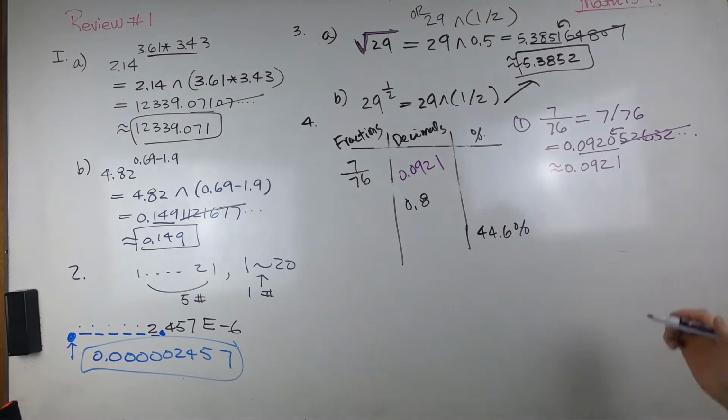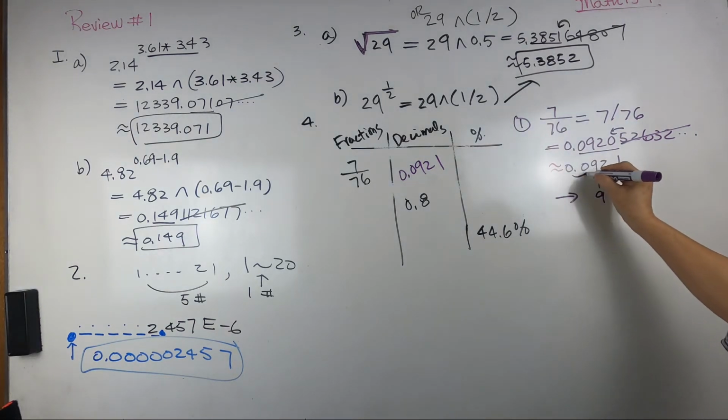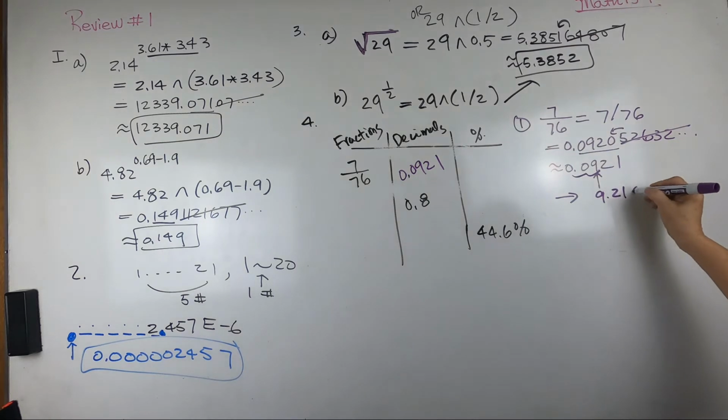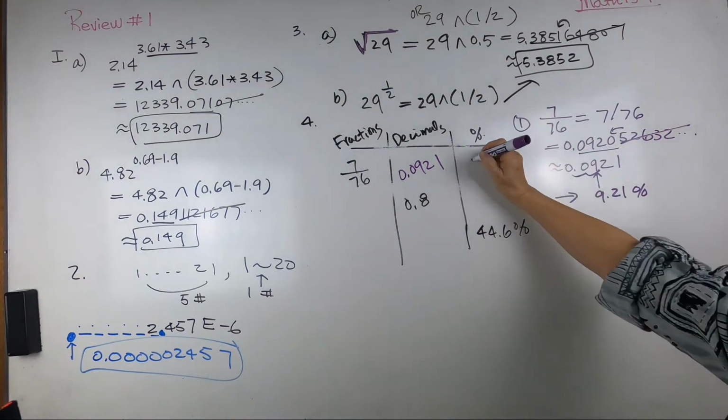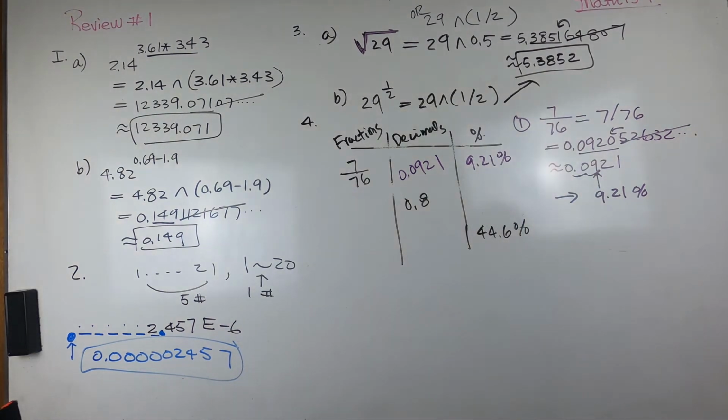Change it to percent means per 100, so move it 2 places. It should be 9.21, but it's for percent, so you write 9.21%. Are we good?